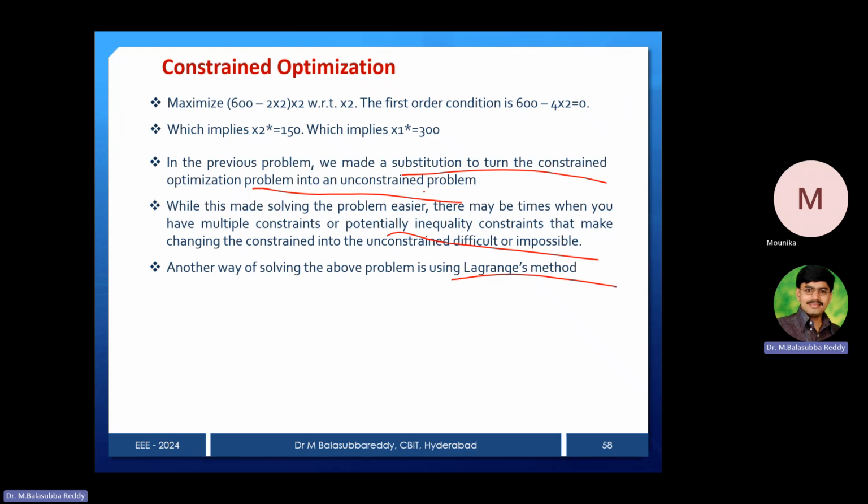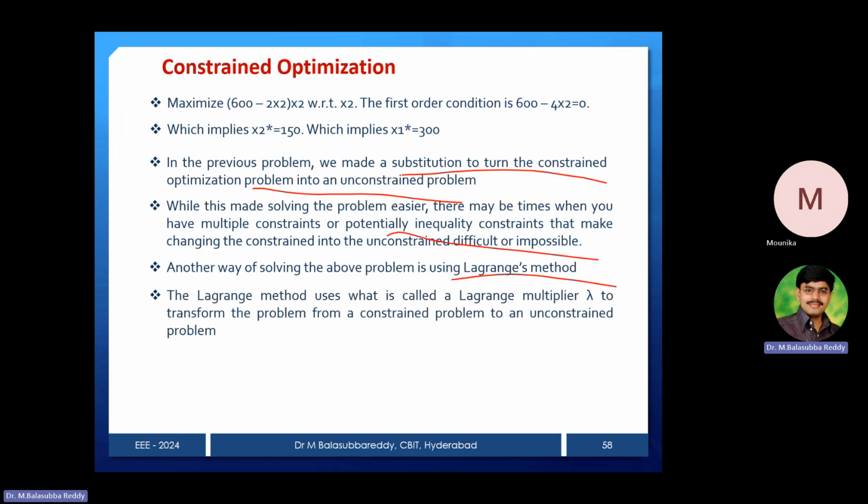In that case, we can see here lambda, or any variable, you can use as the Lagrangian multiplier. This Lagrangian multiplier lambda transforms the constrained problem into an unconstrained problem.